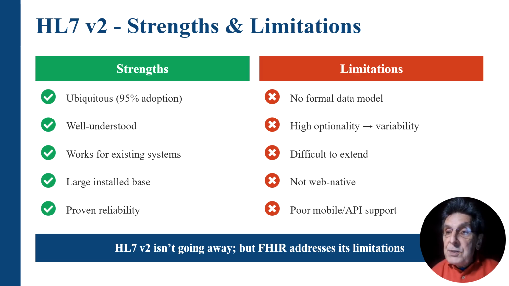Adding new data types or message types means going through a long standards process. It's not web native. V2 was designed for direct TCP connections between systems, not for HTTP, not for REST or modern web architectures. And mobile support is poor. V2 was never designed for smartphones or tablets.